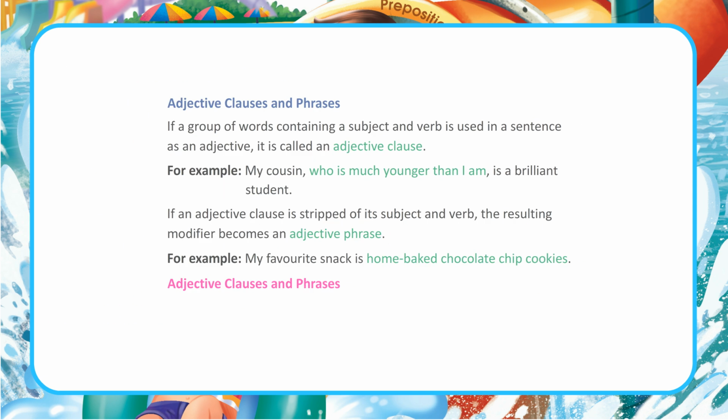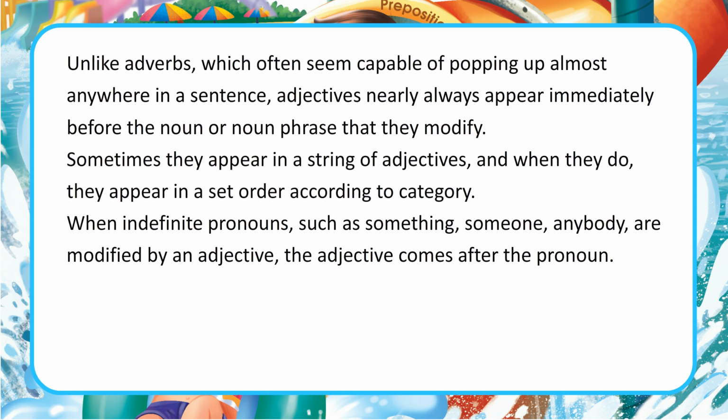Position of adjectives. Unlike adverbs, which often seem capable of popping up almost anywhere in a sentence, adjectives nearly always appear immediately before the noun or noun phrase that they modify. Sometimes they appear in a string of adjectives, and when they do, they appear in a set order according to category. When indefinite pronouns, such as something, someone, anybody, are modified by an adjective, the adjective comes after the pronoun.